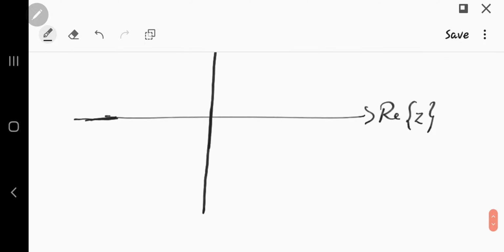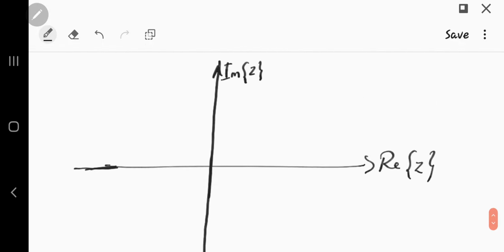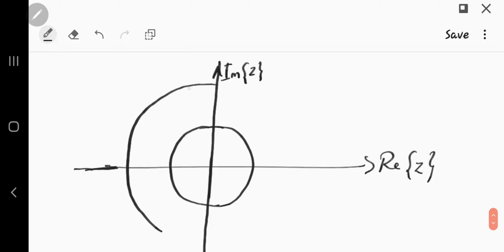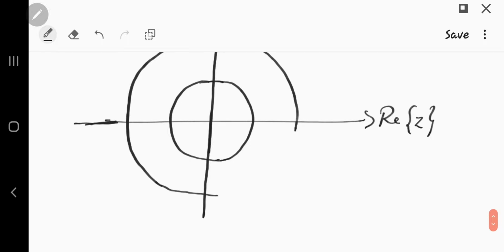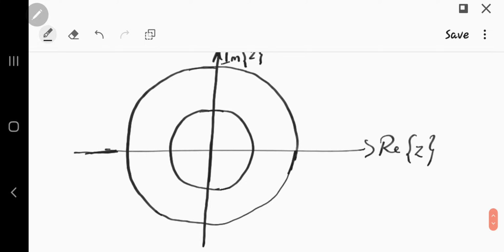So we have two circles that we have to draw here, because we have both a positive time sequence and we also have a negative time sequence. So that's why. Now these are the two circles, so this one is having a radius 1 by 2, and this one with radius 1.